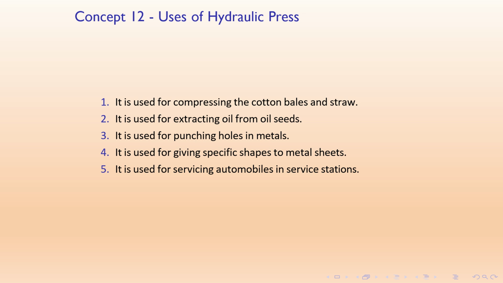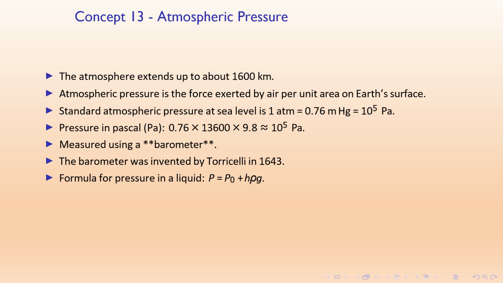It is used for giving specific shapes to metal sheets, and also for servicing automobiles in service stations. As I already said in the beginning, two-wheeler and four-wheeler mechanics in the mechanic sheds use these, which we call service stations. So these are all the uses of the hydraulic press.